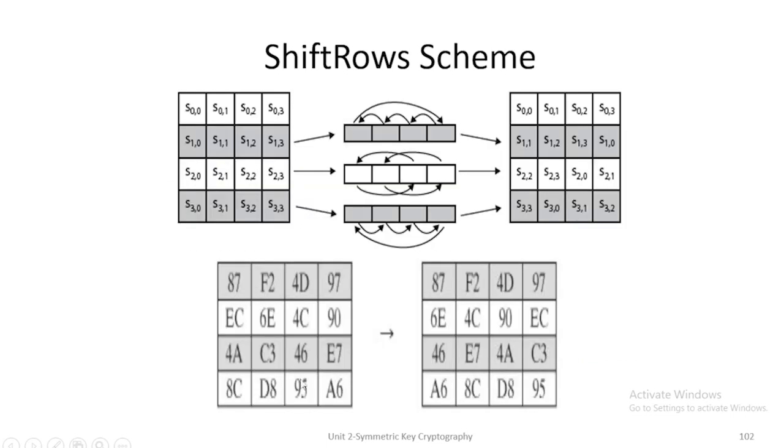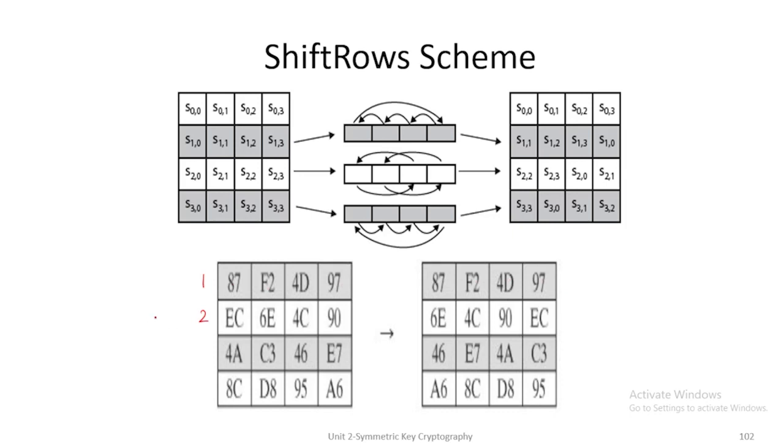For example, this is the input taken from the substitution box. If I give this state array to the shift row operation, this is the first row, row 1. Row 1 values have no change, so I write those values as they are.